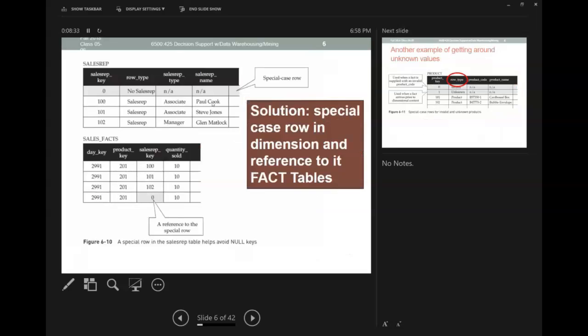So the solution is to have a special row in the dimension, and the special row is a row that is unknown or non-applicable or something like that, not available. So sales rep key 0 means no sales rep or unknown sales rep.